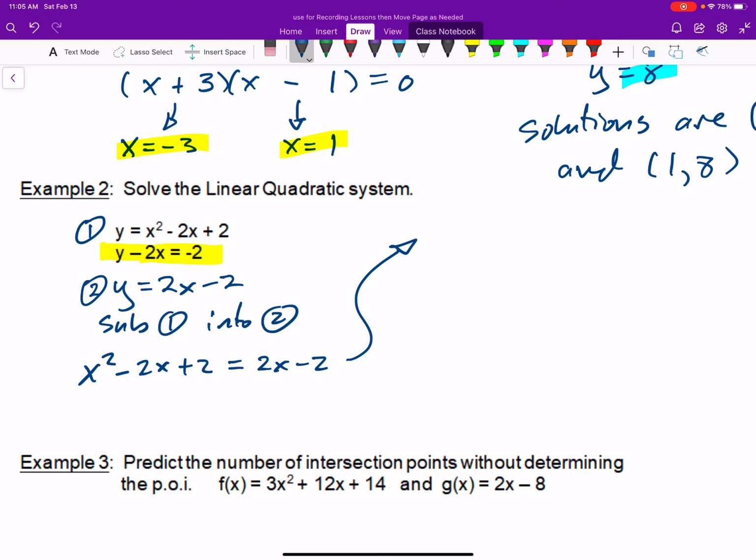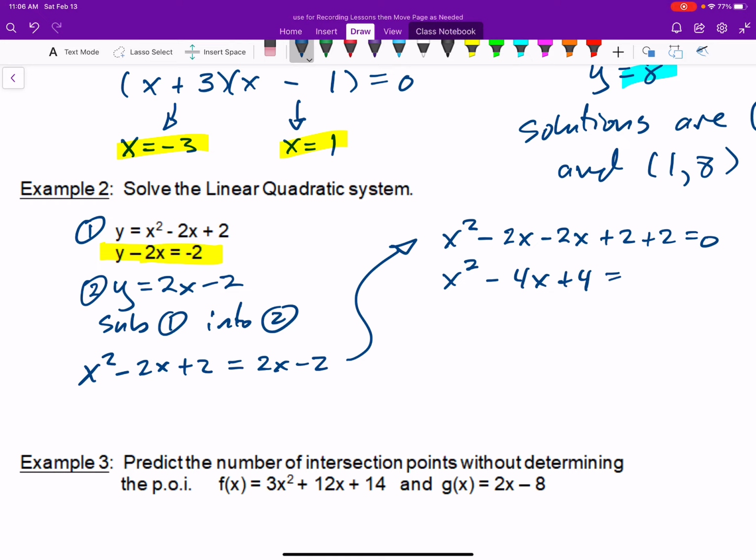If I bring everything to one side to write the quadratic in standard form, I've got x squared minus 2x. Bring that 2x over from the left, and I got another minus 2x. And I've got plus 2. And I'll bring that 2 over from the other side, and I got another plus 2. So I bring all the terms to one side, collect my like terms, simplify. I got x squared minus 4x plus 4.